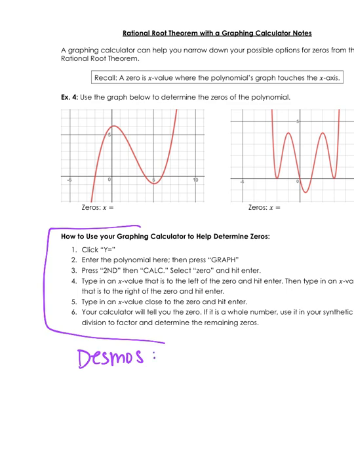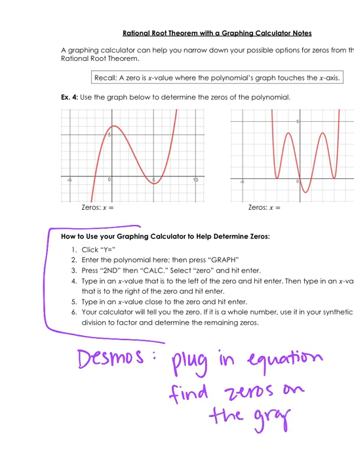Same thing, you're going to plug in the equation and find zeros on the graph. And those zeros are where it touches the x-axis.